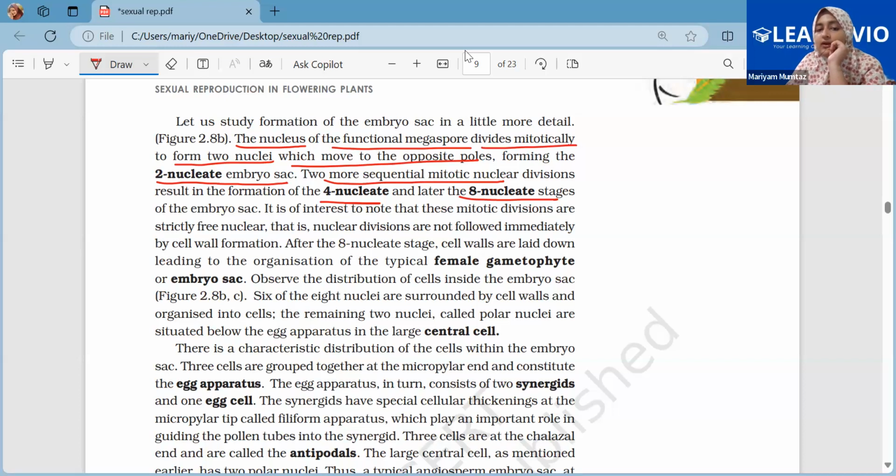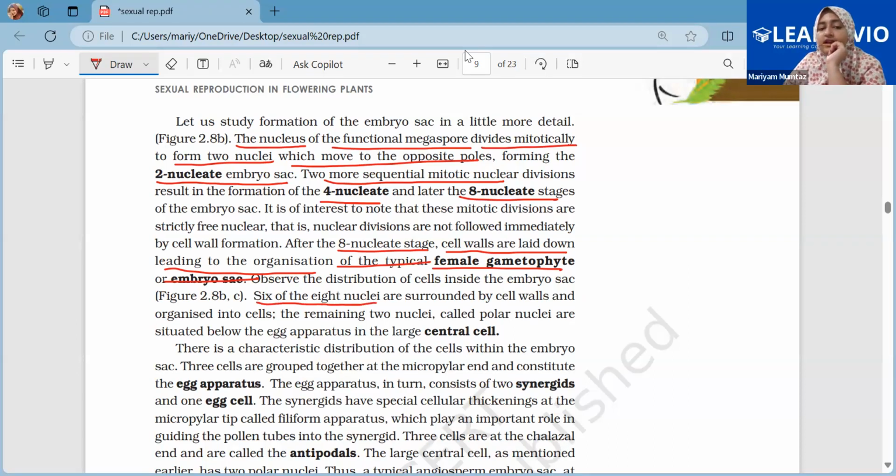Now 8 nuclei are there in the cell. After every nuclear division, there happens a cell wall division or cell division. So cell walls are laid down, leading to the organization of the typical female gametophyte or the embryo sac. Cell division will be complete only after the cell walls are laid down.